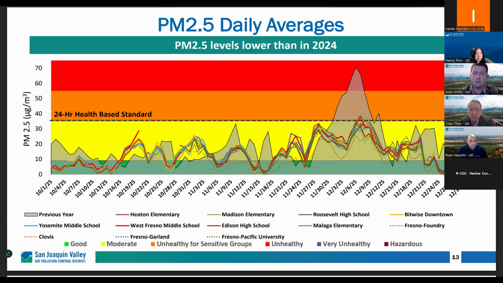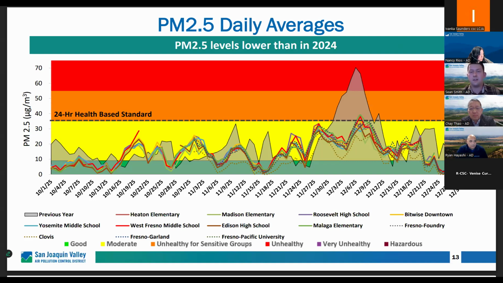So this chart depicts it here. It's kind of hard to see exactly how many days, so we counted them. I have a chart here on the side. In 2024, the unhealthy for sensitive groups days was 7, whereas in 2025, the unhealthy for sensitive groups days was only 3.